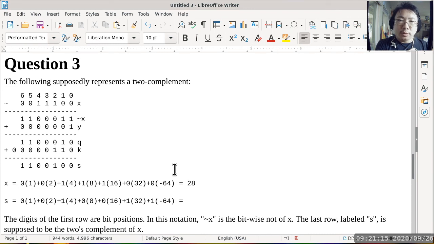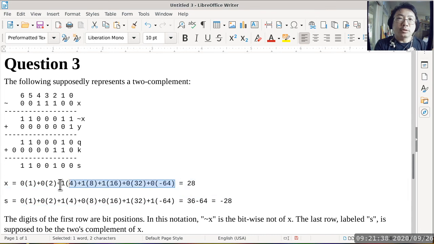So we got a 36 minus 64 in this case. And the result of this subtraction is negative 28, which is not surprising, right? It's negative 28.